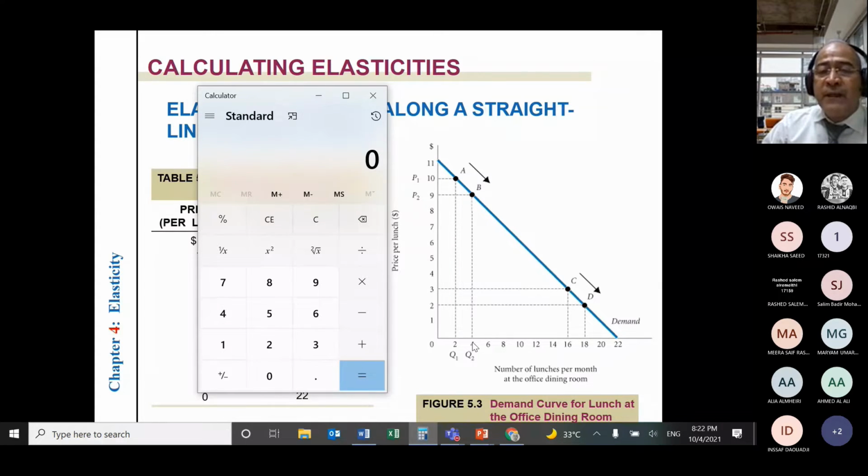It will divide the quantity axis into two parts. Number 1, 22 minus 4, it is 18. Divided by 4 minus 0, it is 4. So 18 divided by 4 equals 4.5. This is the elasticity at point B.